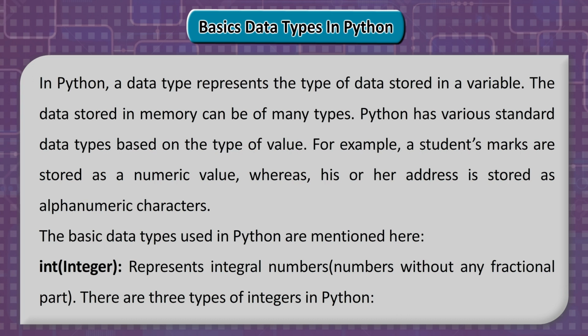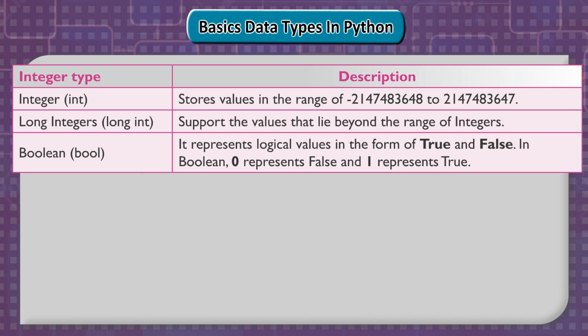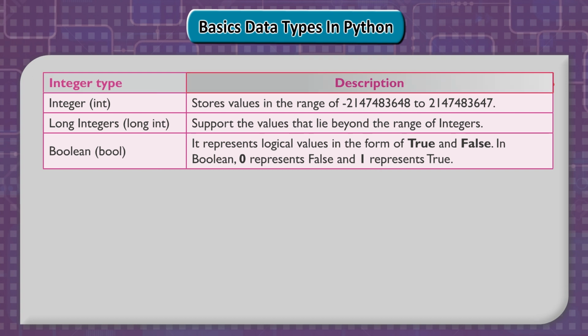Int. Integer represents integral numbers, numbers without any fractional part. There are three types of integers in Python. Integer, int, stores values in the range of -2,147,483,648 to 2,147,483,647.